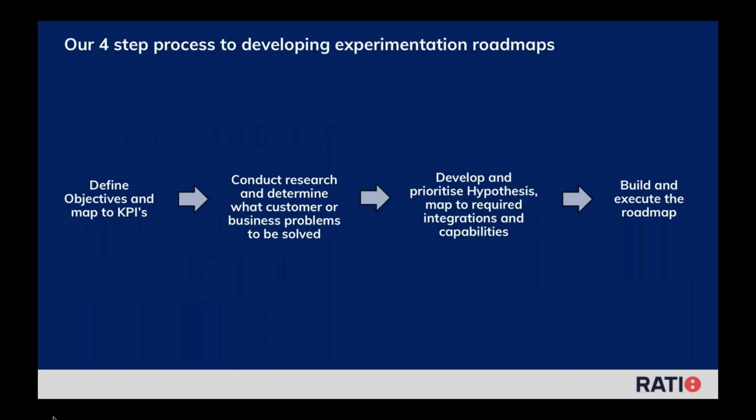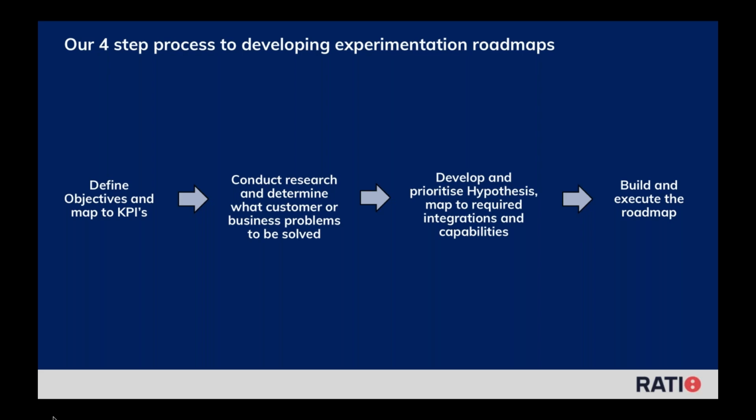So the four-step process that we use with our clients in order to develop an experimentation roadmap that really leverages this technology is firstly to define business objectives and map them to KPIs. Secondly, to conduct research and really get to the root cause of what customer or business problems need to be solved.